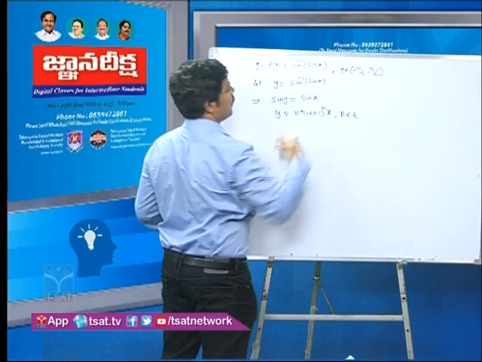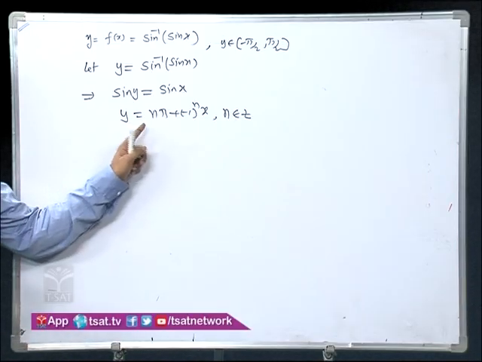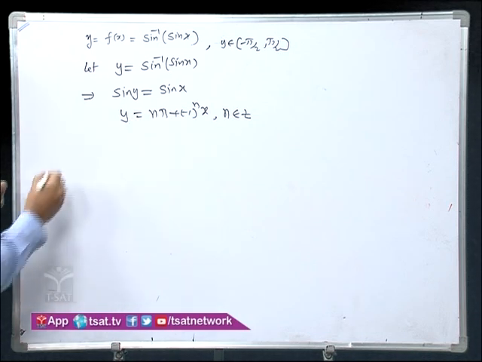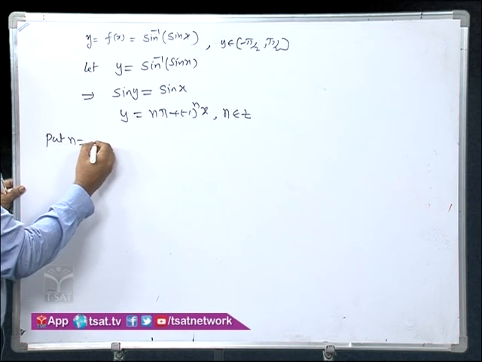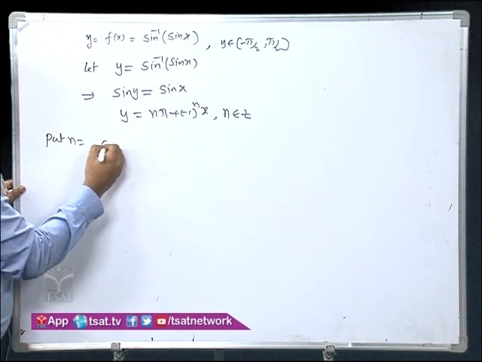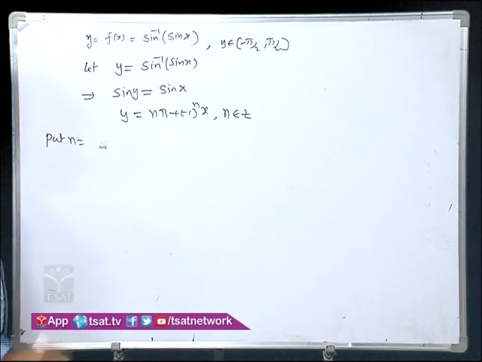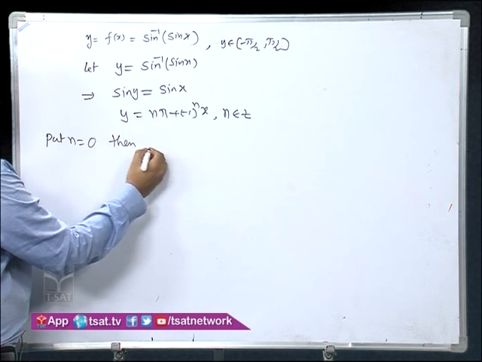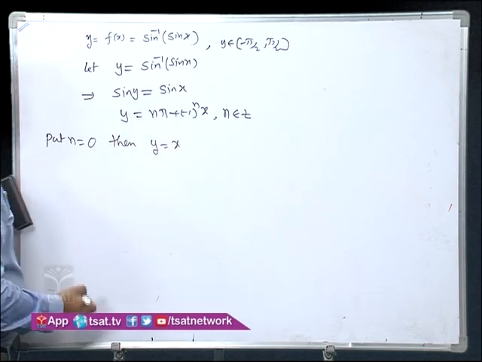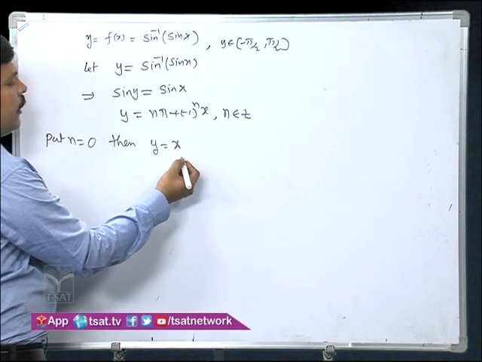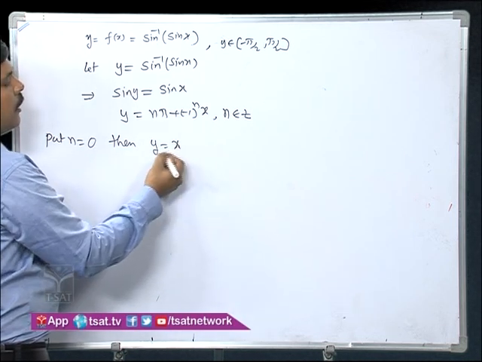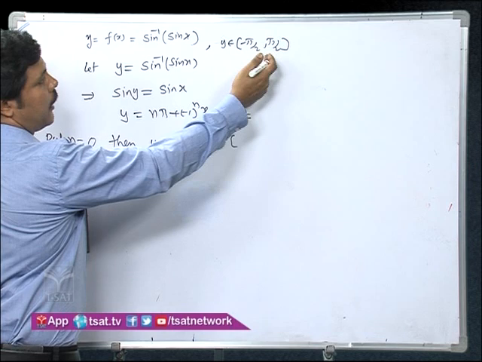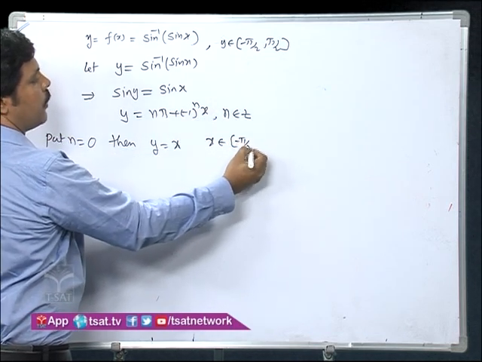This is the principal interval. This is the general solution of sin y is equal to sin x. Put n is equal to 0, then y is equal to x. Since y belongs to the range minus pi by 2 to pi by 2, therefore x belongs to minus pi by 2 to pi by 2.